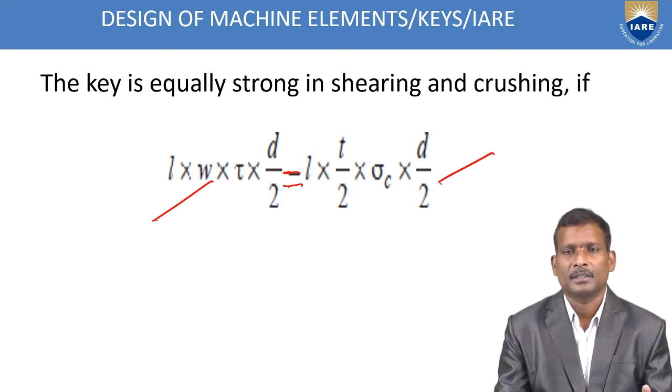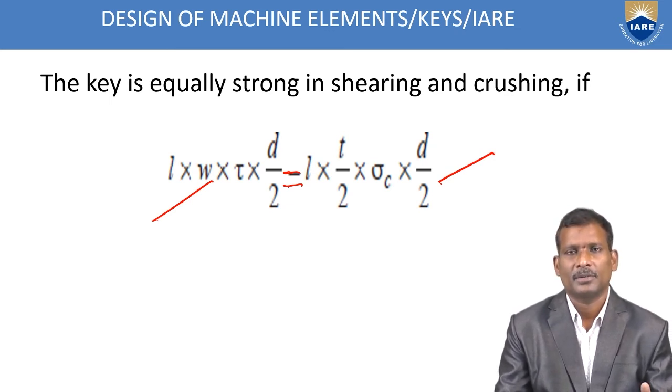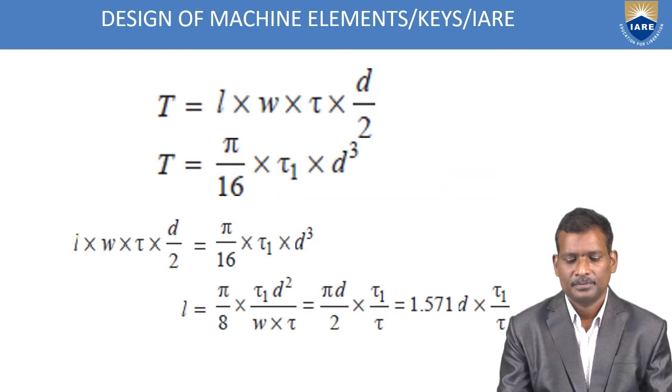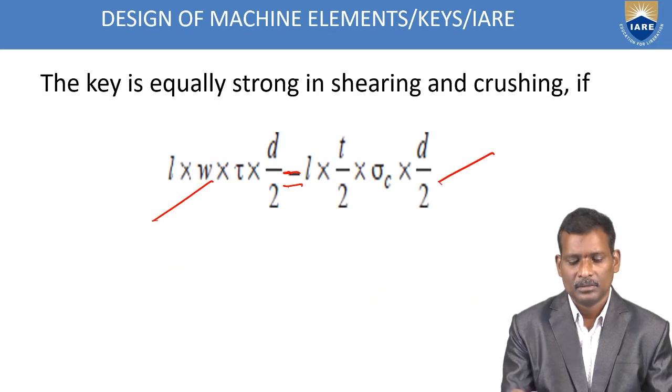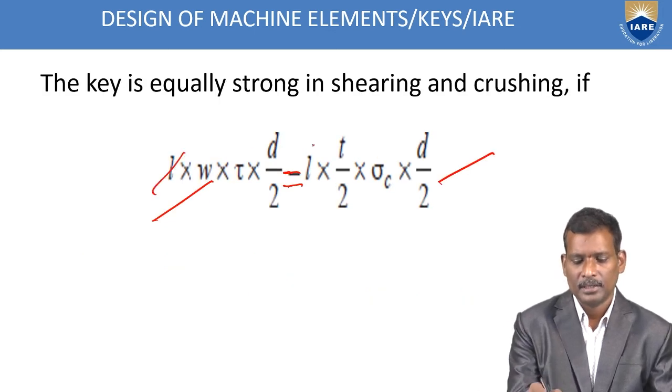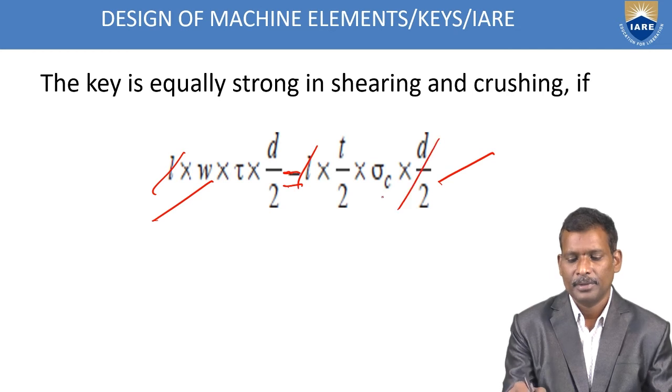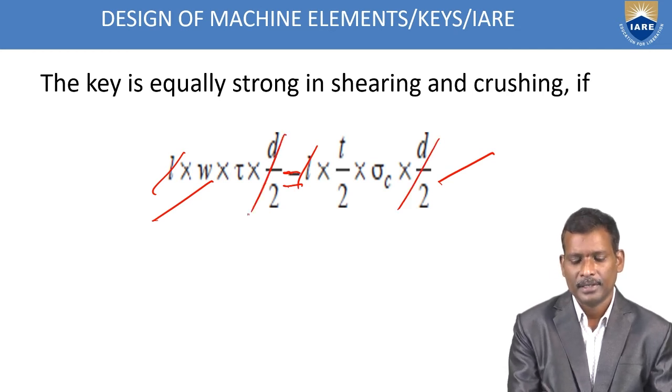If the key is equally strong in these two cases, crushing and shear, we equate these two strengths and we get one relation. L gets cancelled here, and D by 2 gets cancelled.